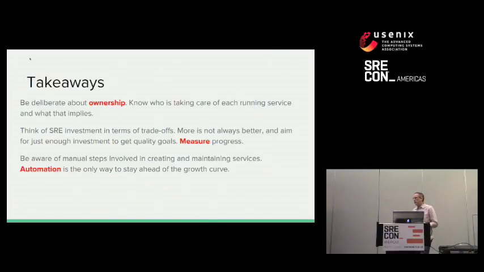And then the second one is thinking about infrastructure investment in terms of trade-offs rather than in terms of we just need to be always doing more. We had never actually stepped back and said this, although we had implicitly done it, right? The most important things obviously had all the best automation and the best infrastructure in place, but it was never deliberately done that way. It just ended up that way.